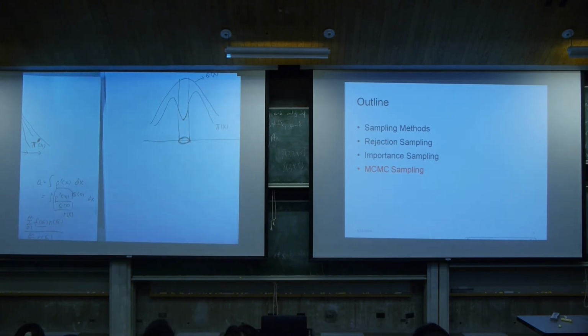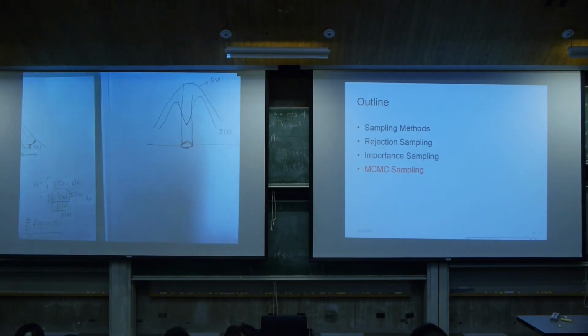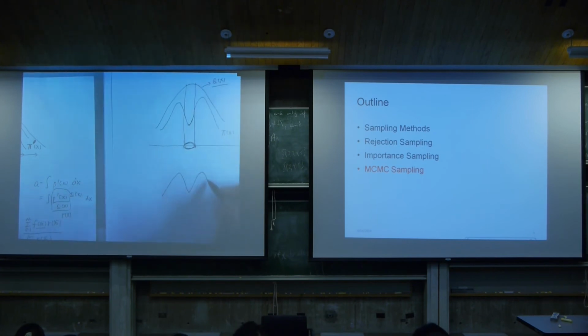The essential problem of these two methods is that it's very hard to find a Q whose density shape is more or less similar to the true density.